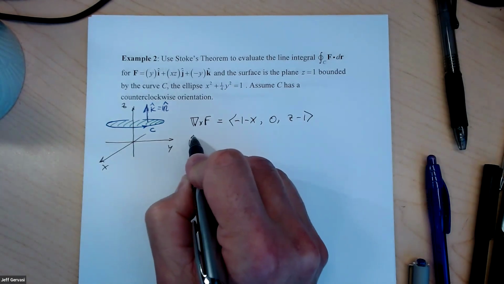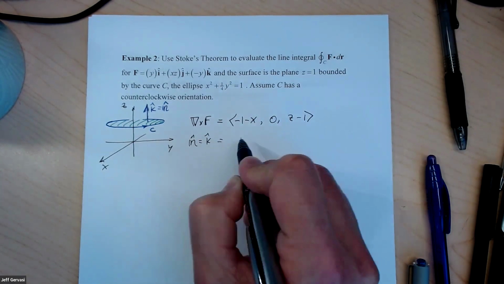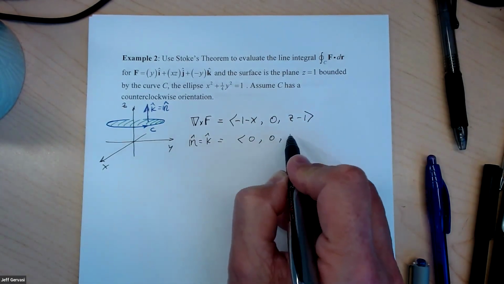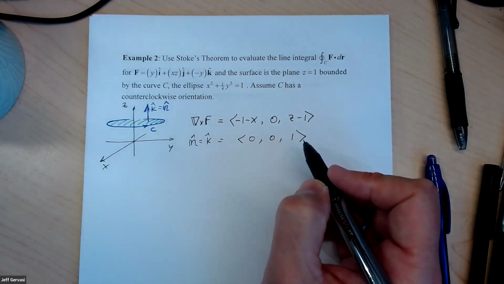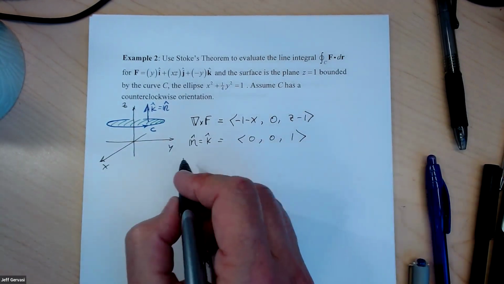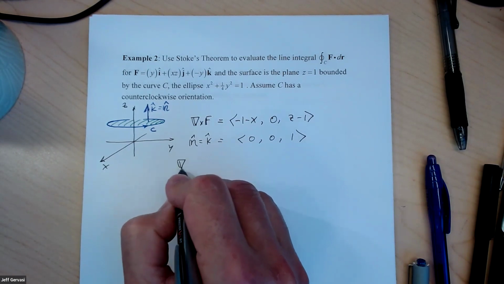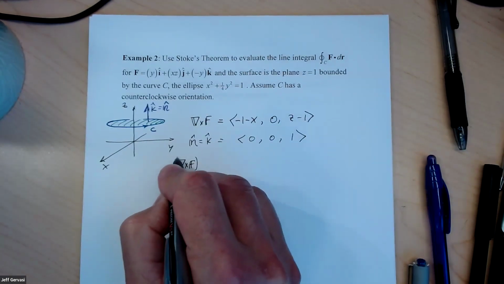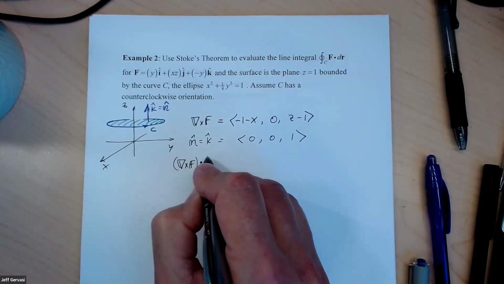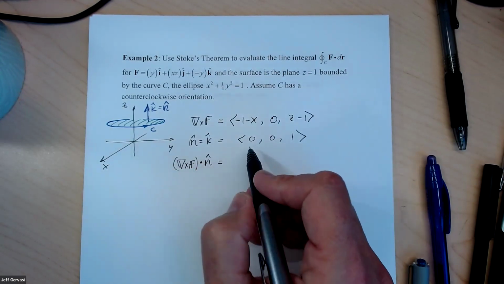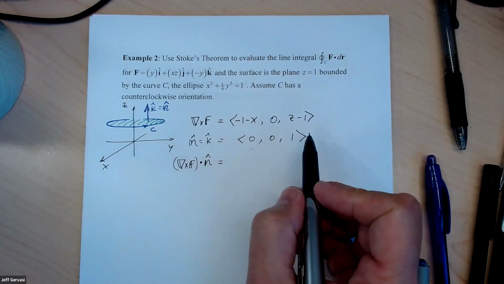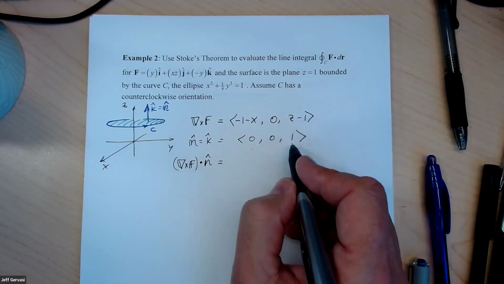And when I take the curl of the vector field and dot it with n, well, we multiply the corresponding components and add together. The only thing that's going to survive is the z minus 1.